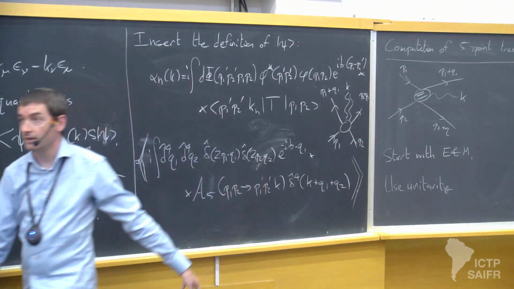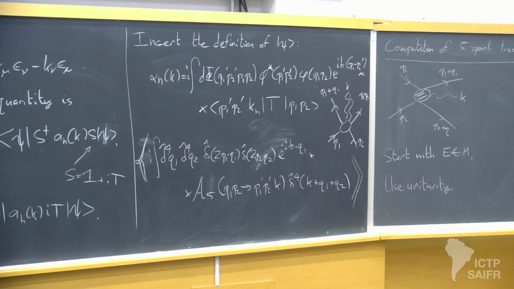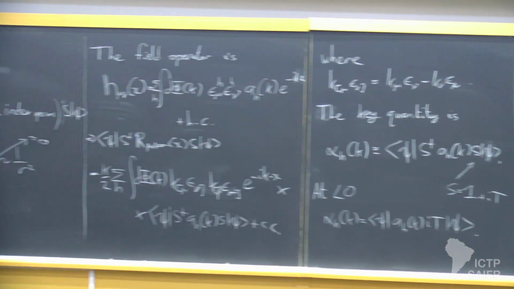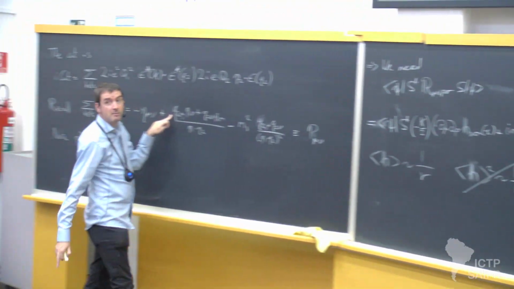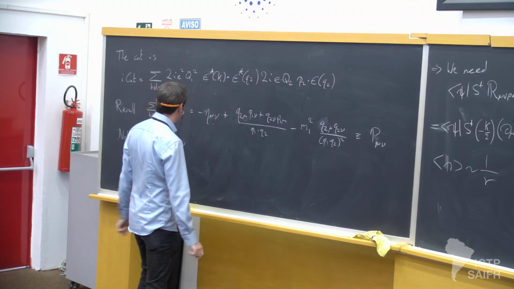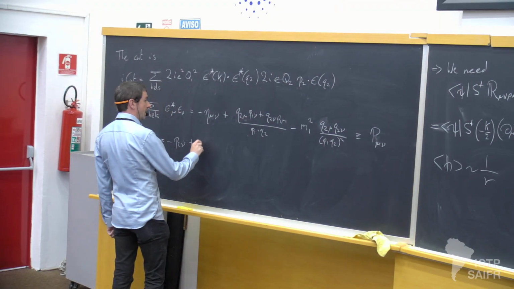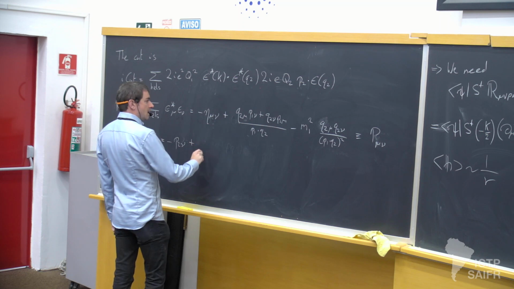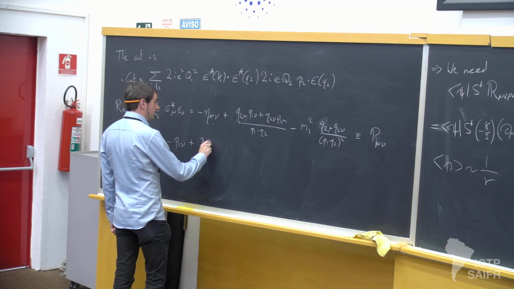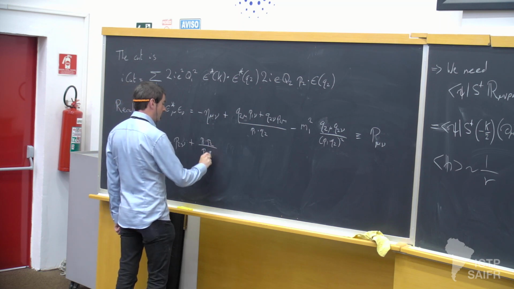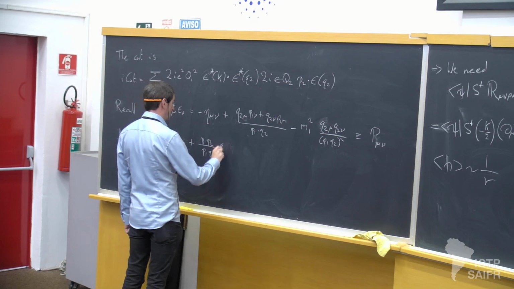There's no super classical term, it's just 0. So I just set P2 dot Q2 to 0, so that term doesn't contribute. This term also drops out completely, which is nice. And there's just one other term, plus P1 dot P2 over P1 dot Q2, Q2 nu.